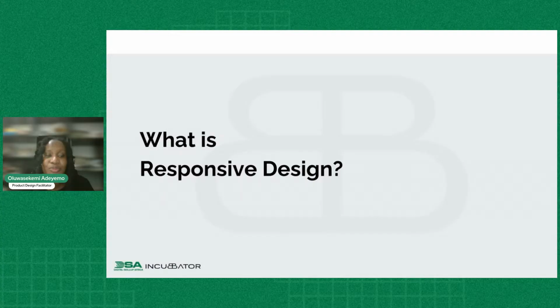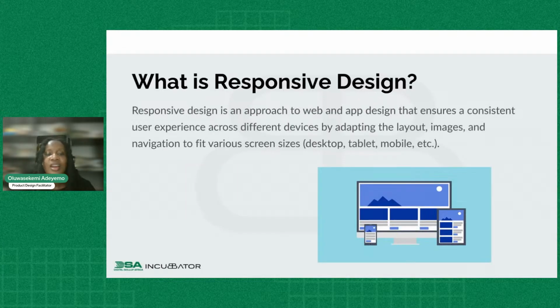So now let's move on to what is responsive design. We've talked about interface, we've talked about device, we've talked about digital product. So what exactly is a responsive design? A responsive design is an approach to web and app design that ensures a consistent user experience across different devices by adapting the layout, images, and navigations to fit various screen sizes.